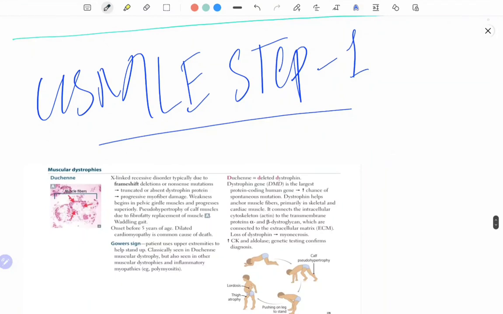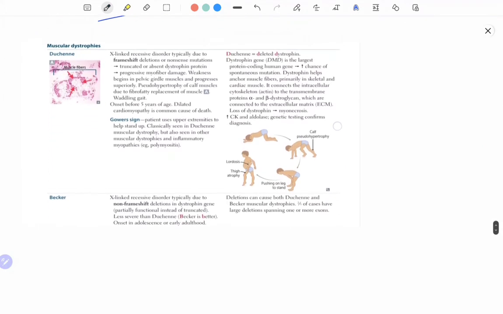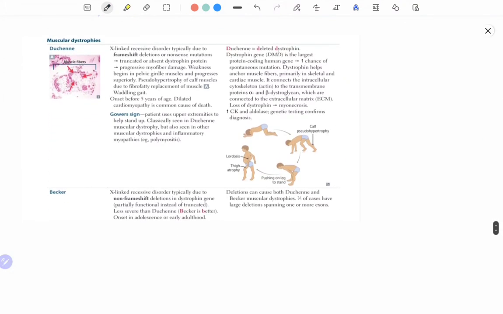And now let's talk about the USMLE related concepts. This page is taken from the USMLE Step 1. In the muscular dystrophies, Duchenne dystrophy is an X-linked recessive disorder, typically due to a frame shift deletion mutation, as we talked about, and truncated or absent dystrophin proteins are present.